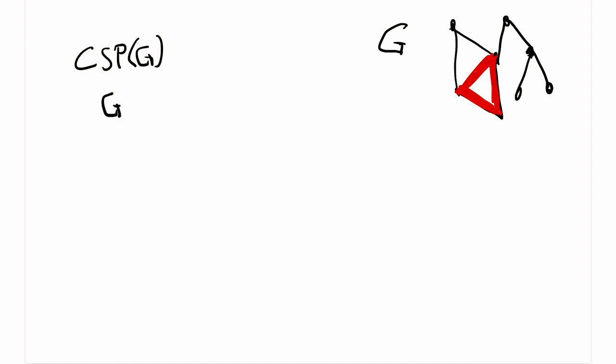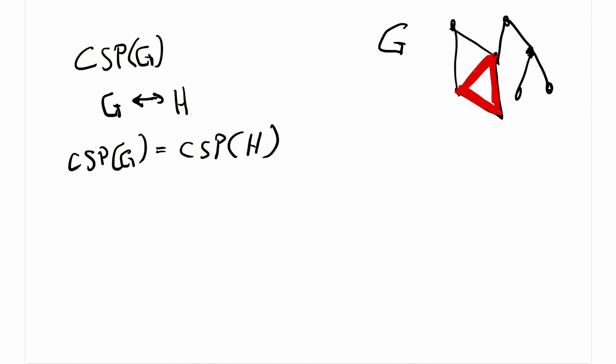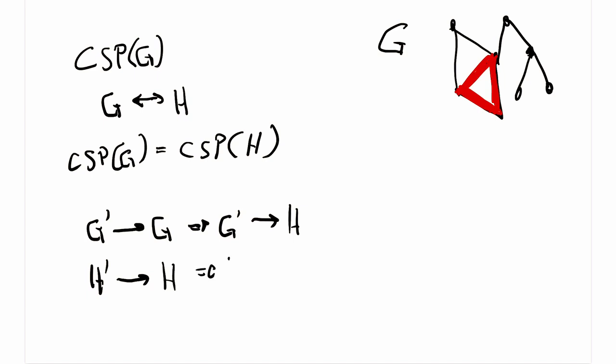Suppose that G is homomorphically equivalent to H. Then CSP of G equals CSP of H. The reason is that if there is some graph G prime that homomorphically maps to G, then G prime also homomorphically maps to H. And in the other direction, if H prime homomorphically maps to H, then H prime also homomorphically maps to G. So they're really the same.